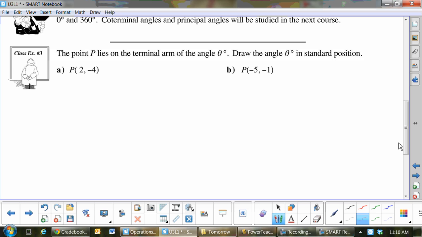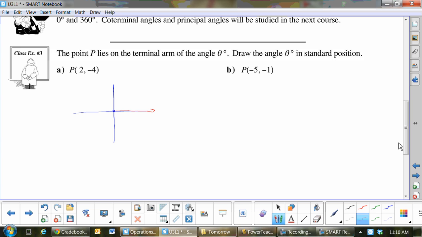Well, you're going to get very used to doing this. You draw these, right? You are starting, right? Here's the 1, right? That's your, what's that called? X-axis. What do we call that, though? It's 0 degrees, yeah? It's called your initial arm, right? Now it's going to terminate at 2, -4.